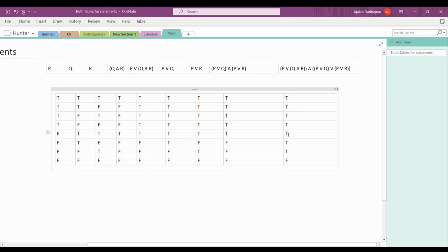So this kind of work is kind of tedious, but okay. Anybody has any questions? So the last column, we don't need the last column.